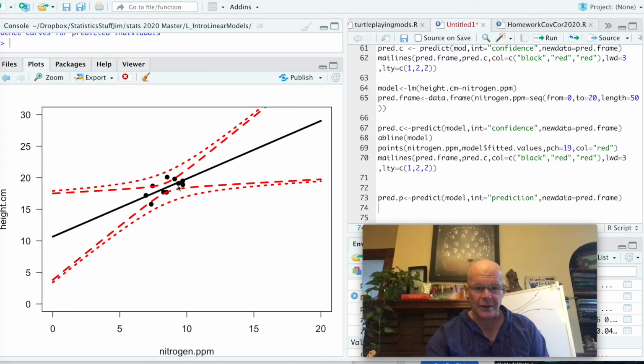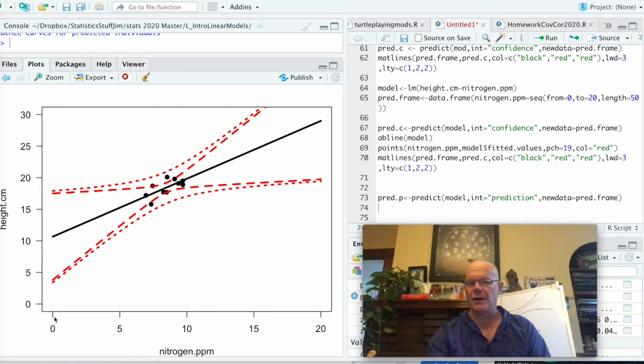Looking at our data here, I feel pretty good about what I would expect the height to be if you had 8 parts per million, because that's nested within all of our data. It's very dangerous to extrapolate beyond the range of your data, because the model might not be appropriate beyond that range. With this example, where we're dealing with nitrogen in plants, a little bit of biology 101 will tell you that plants can't grow without nitrogen.